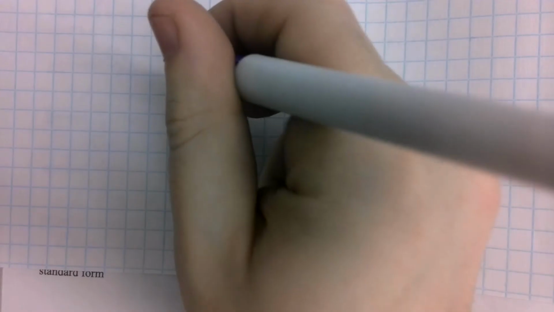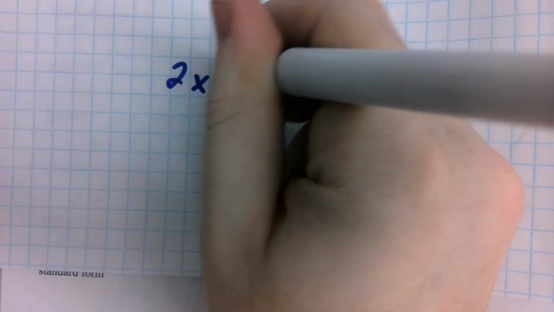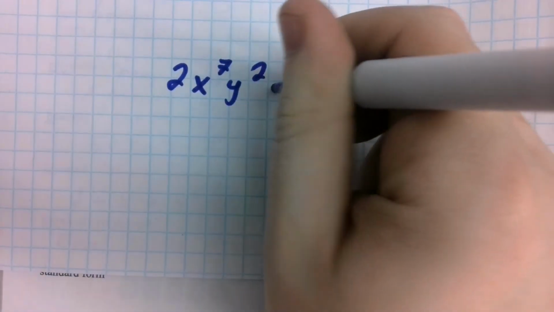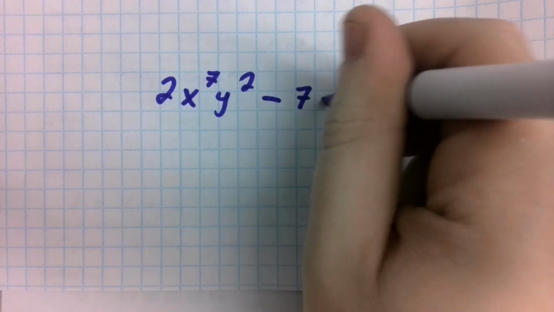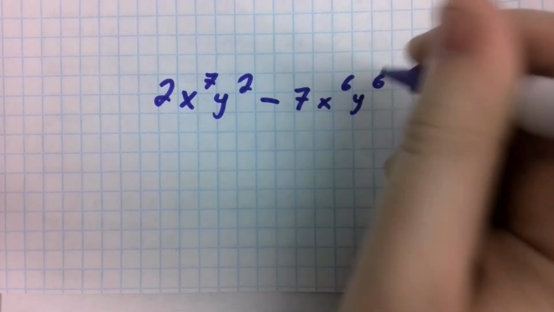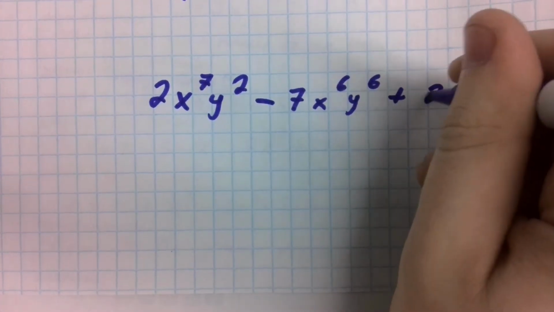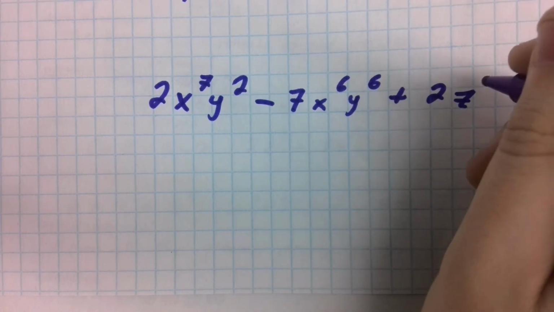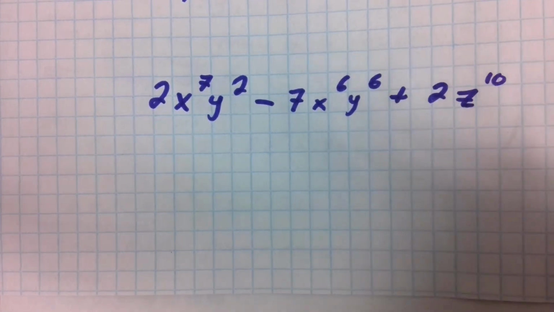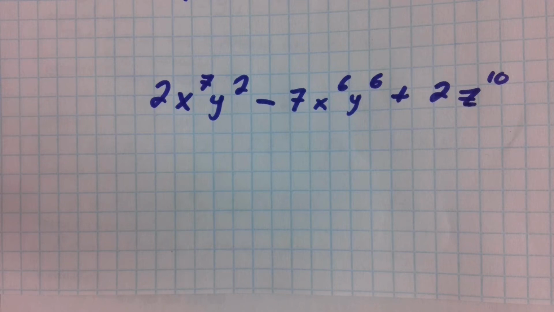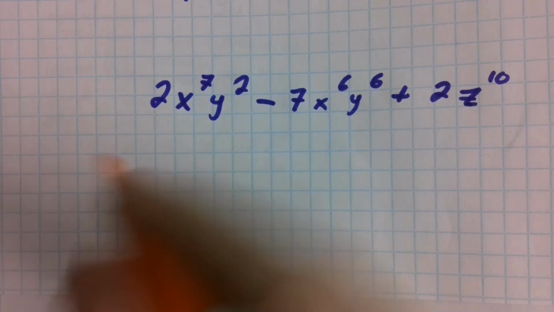So what if we had a problem that looks like this instead? What if we had a polynomial that was nuts? 2x to the 7y squared minus 7x to the 6th y to the 6th plus 2z to the 10th. Well, we just have to figure out what the degrees are for each piece of this polynomial.